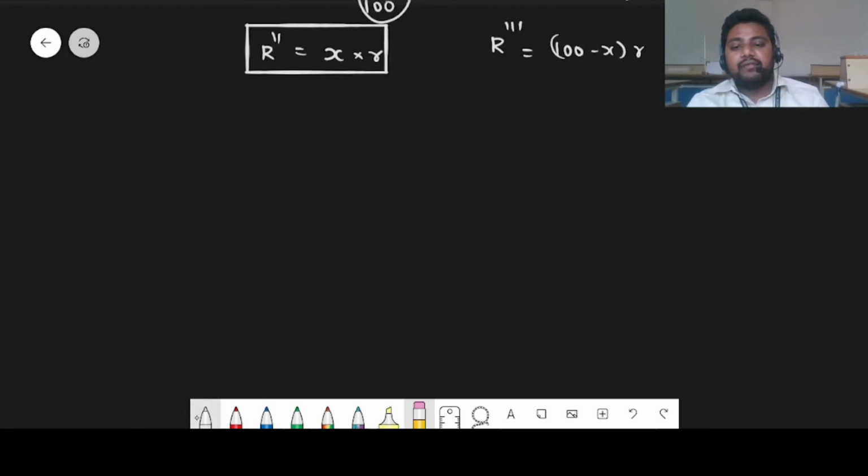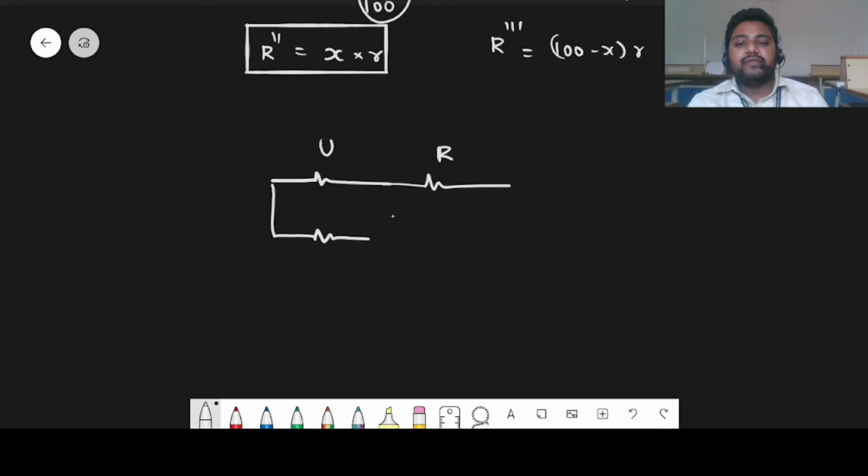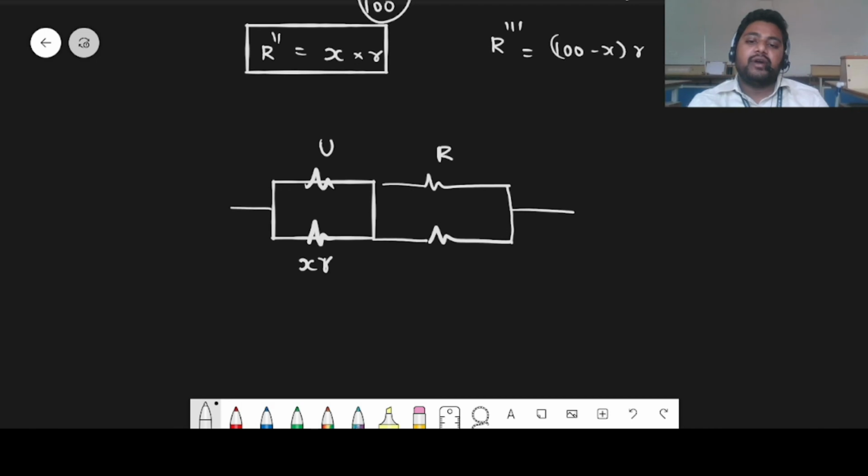Since we have on this side the unknown resistance U, and this is a known resistance, let's say I am taking this one as R, and the resistance of the length of this wire is X into r, and this is 100 minus X into r.